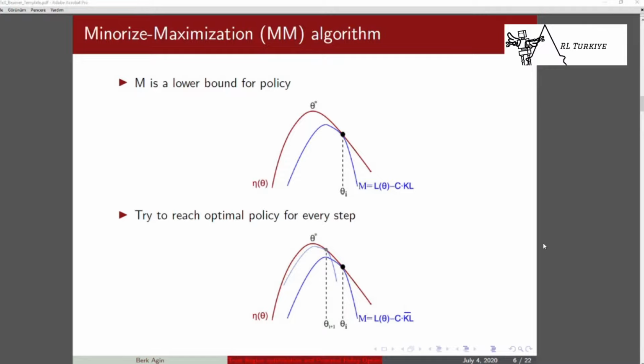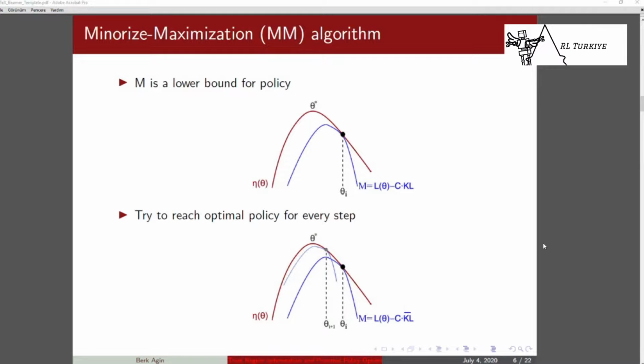Then, MM is an iterative method. For each iteration, we find a surrogate function. The surrogate function, as we said before, is M, a lower bound function for the current policy, and it is actually easy to optimize. So we will approximate the surrogate function as a quadratic equation.